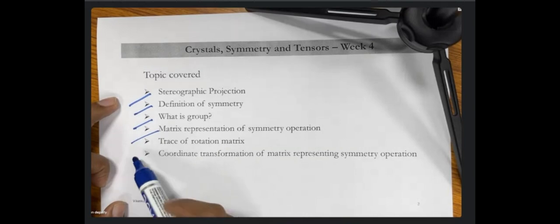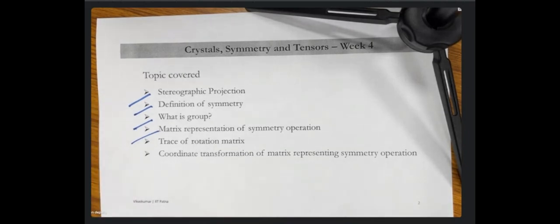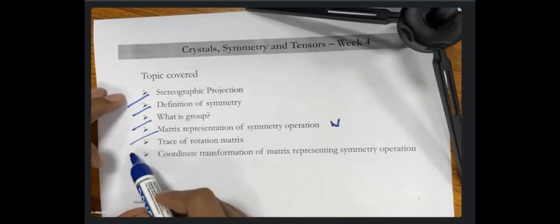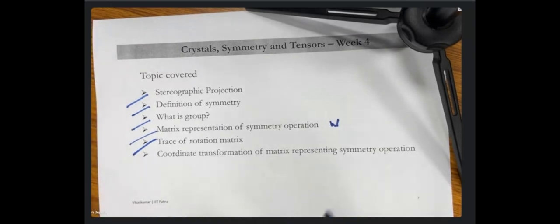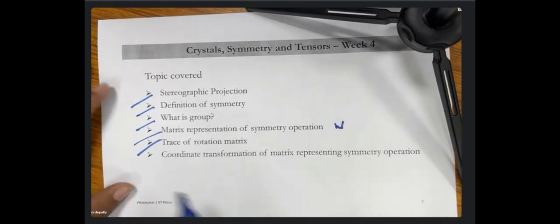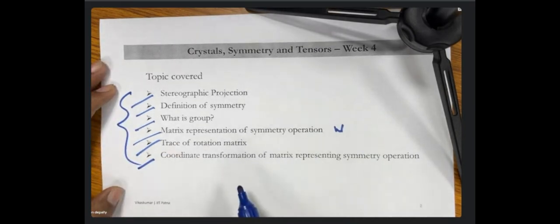And we see a few properties of this matrix which is representing symmetry operation, the symmetry matrix, that is W. What its trace information will give us, and then we have also studied how the coordinate transformations and symmetry operations are related if we want to change the basis of our study. Okay, so this was all that has been covered in week 4.